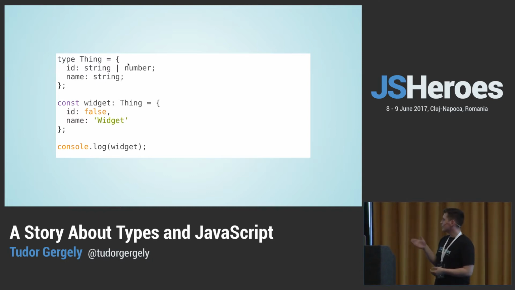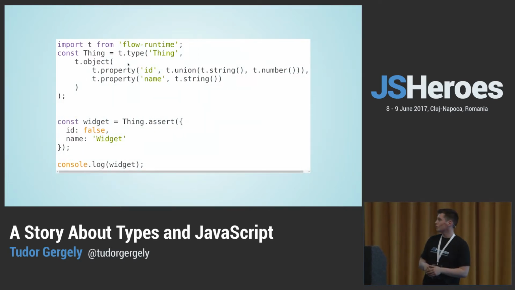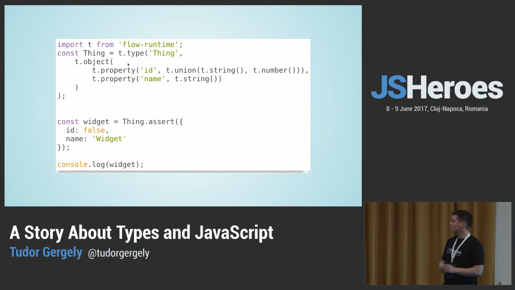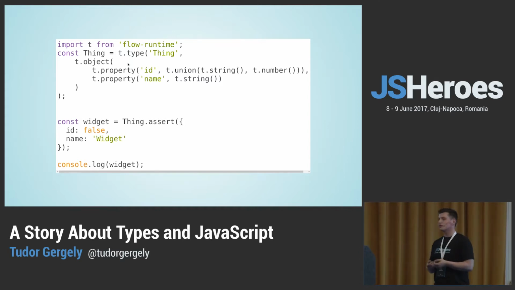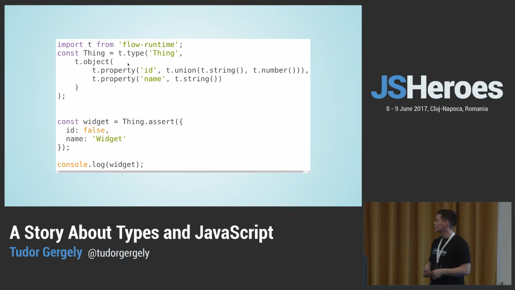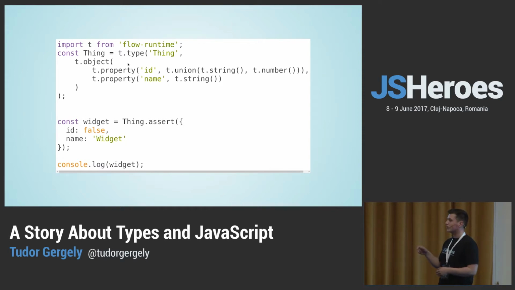What happens here is I have the same code, and I run it through the Flow Runtime compiler, and I will get this. The type that was earlier called Thing is now a type built with Flow Runtime. It adds a few constraints to the code. So at runtime, when I run thing.assert there, this is all compiled by the compiler.